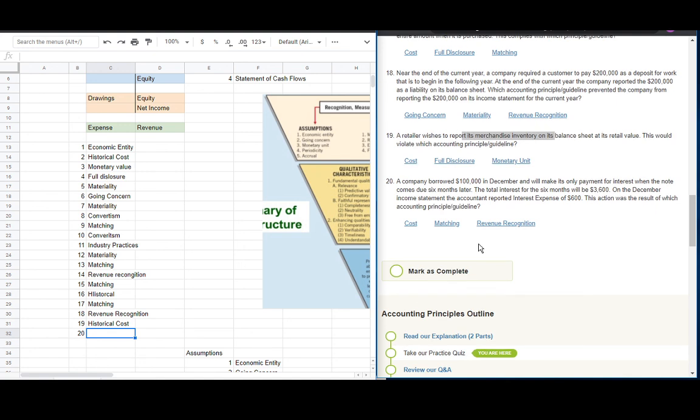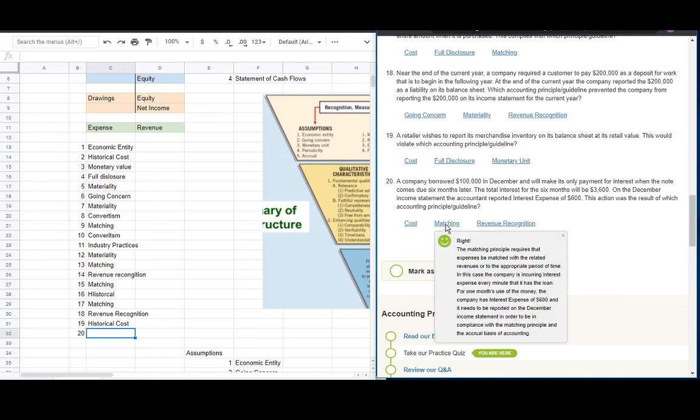Number 20, a company borrowed 100,000 in December and will make its payment for interest when the note comes due 6 months later. Yan. So this action was the result of which accounting principle? It is the, what's this? The matching principle. Okay.